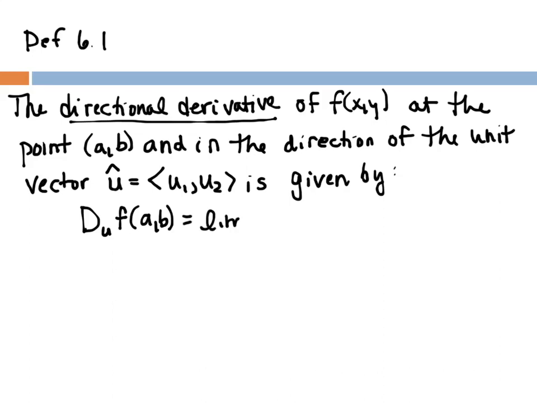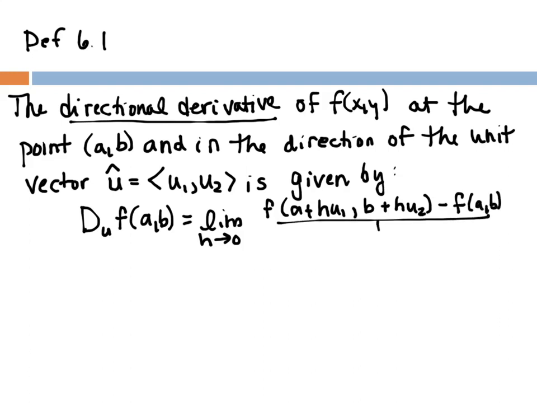This is the limit as h approaches 0 of f of a plus h u1, b plus h u2, minus f of a, b, all over h, provided the limit exists.